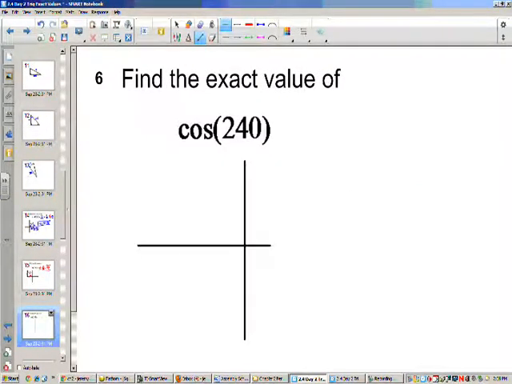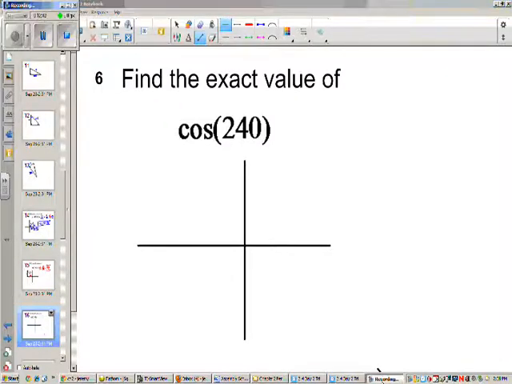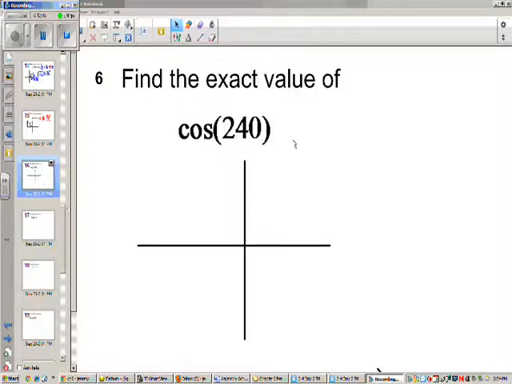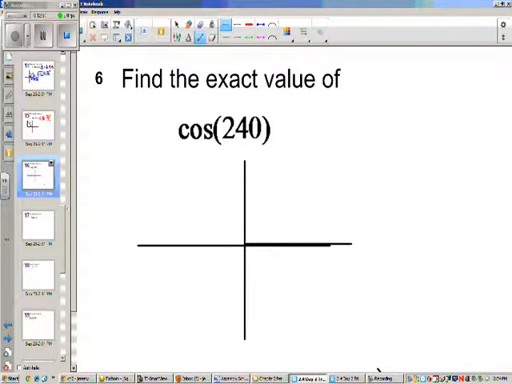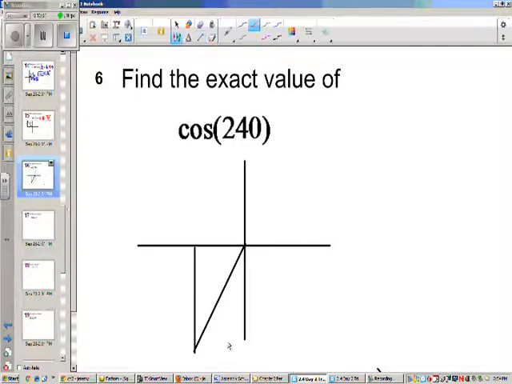Let's do cosine of 240. All right, so now at 240 degrees, if I start here, we know that's 0, 90, 180, 270. So 240 would be about right here. So if I drew my right triangle, between 240 and 180 degrees, that's 60 degrees.